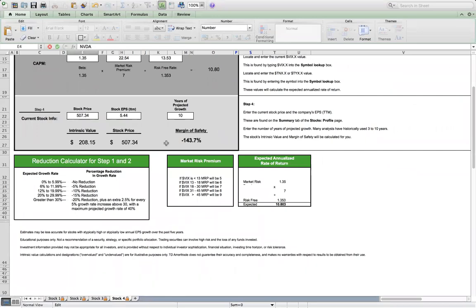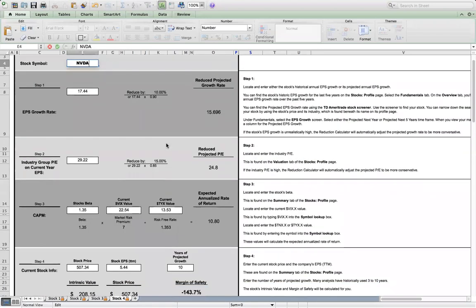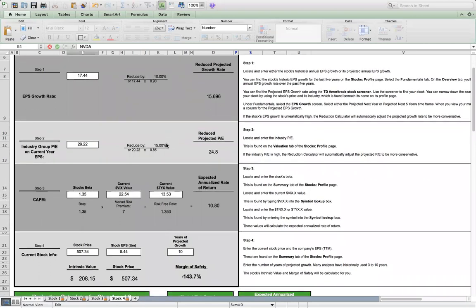Yeah, and they have the intrinsic value set at 208.15, and the stock price is currently 507.34. Margin of safety is negative, so you would see that the stock is overvalued. And I'm assuming you'll get this when you have stocks that are getting a lot of hype right now, and everybody's pouring into them, and people are assuming it's going to keep on keeping on.